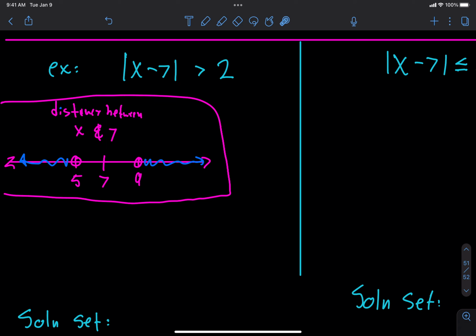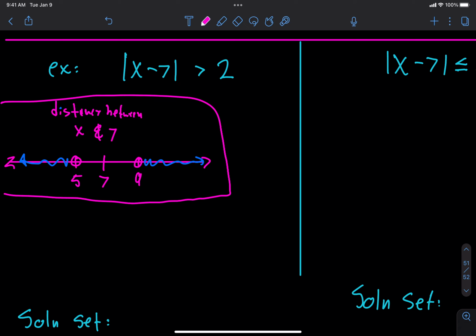If the number inside is positive, then the absolute value sign does absolutely nothing. The second case is if the number inside is negative, in which case, what does the absolute value sign do to our number? It changes its sign, which can be done to any number by multiplying by -1.